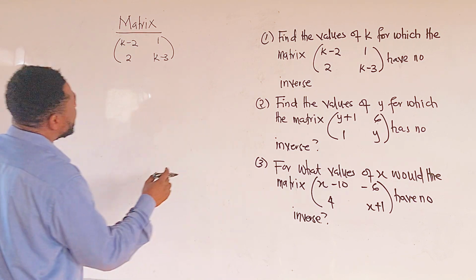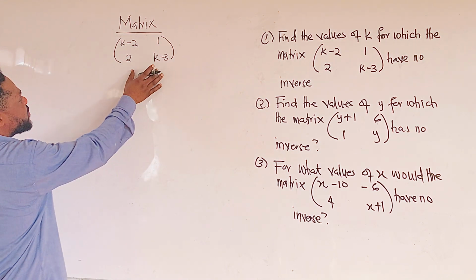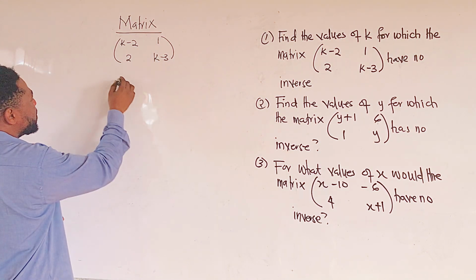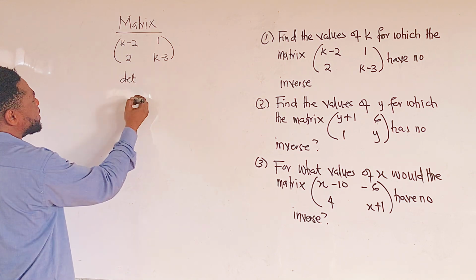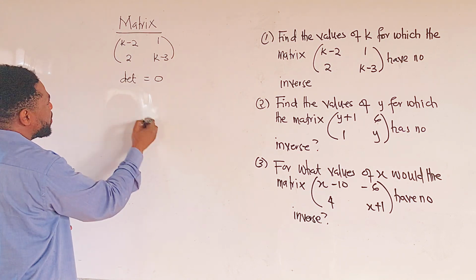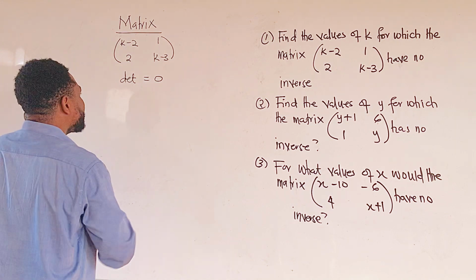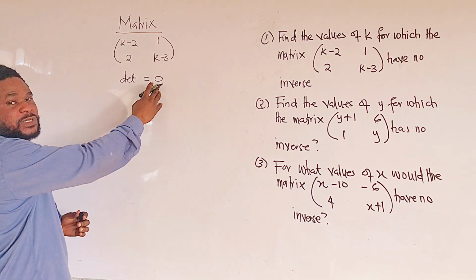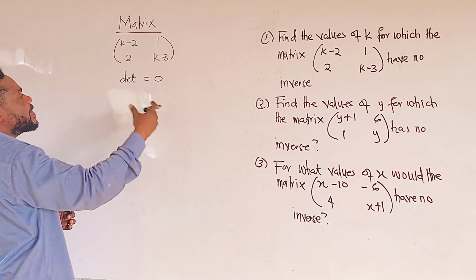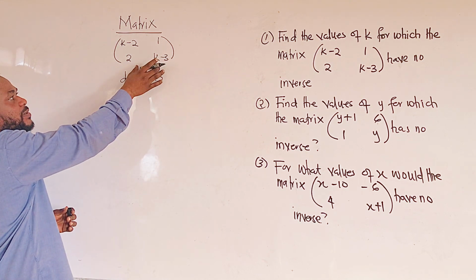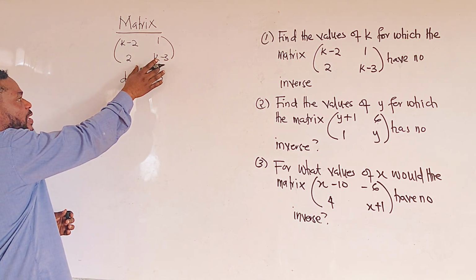So question 1, we have been told that this matrix has no inverse. So it means that its determinant is equal to 0. And this is the short form of writing determinant. Now, if the determinant is equal to 0, then how can we find the determinant from this matrix? This is how we can do it.